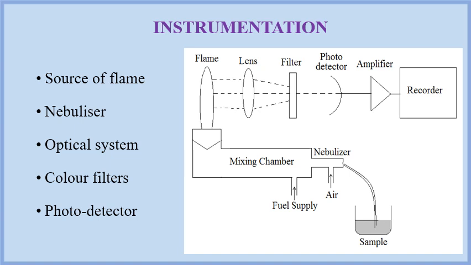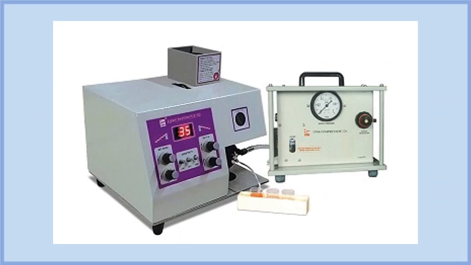The characteristic wavelength of the emitted light is selected by the filter and sent to the photodetector. The photodetector produces the electrical signal which is proportional to the intensity of emitted light and will be amplified and recorded. This is a typical flame photometer.